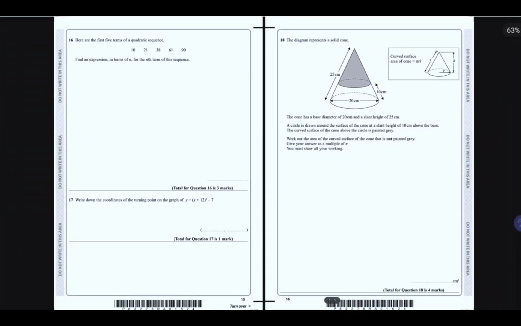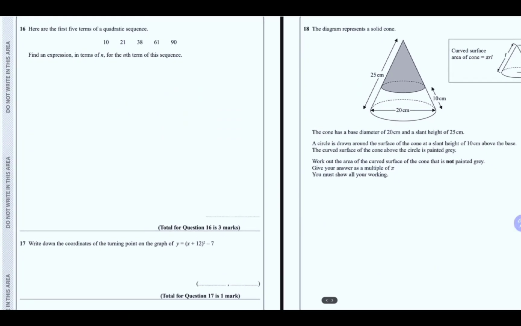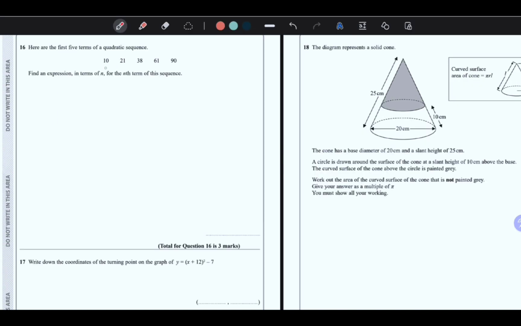Next question. Here are the first 5 terms of a quadratic sequence. Find an expression in n for the nth term of this sequence. So we're going to go ahead and find the first difference of each of these. 21 minus 10 is 11. 38 minus 21 is 17. 23 and 29.